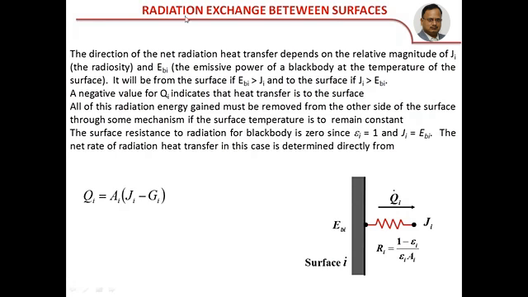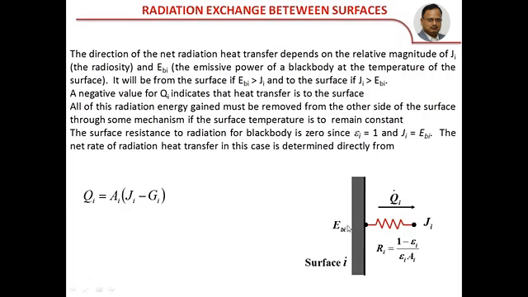So therefore, net radiant heat transfer from a surface to the environment can be determined by using the formula Q I is equal to A I into J I minus G I, and it can also be written as Q I is equal to E B I minus J I by R I. The direction of net radiation depends on the magnitude of E B I and J I. If E B I is greater than J I, it is from the surface.